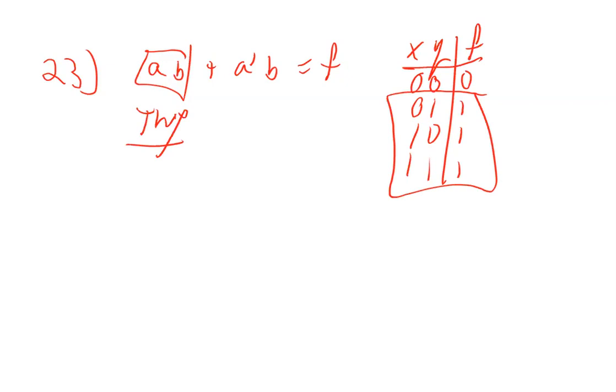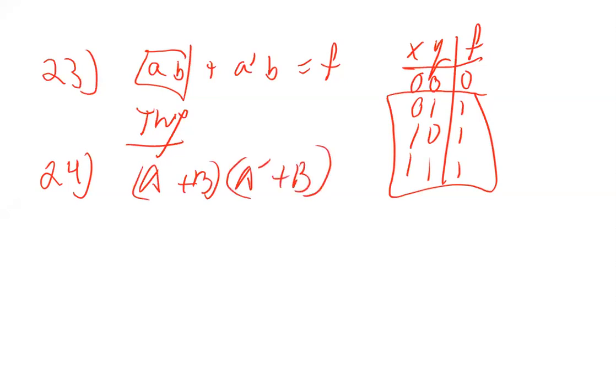This is different from product of sums form. If one parenthesis group term is true, it's not enough. Everybody has to be true.